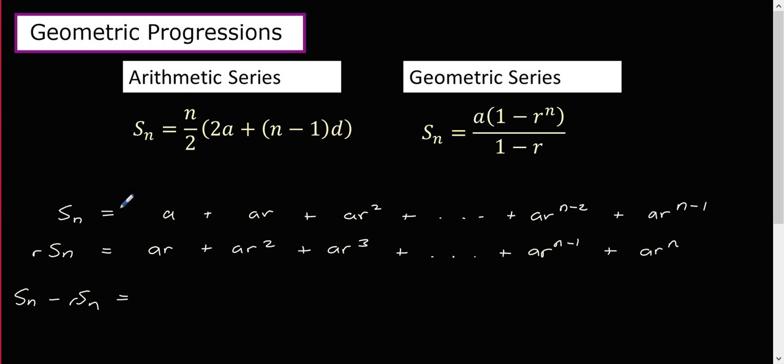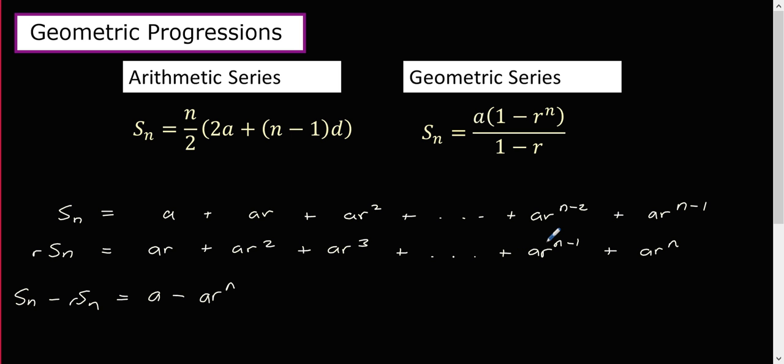So if we do the top line, take away the bottom line, what we actually end up with is a minus, because there's an a on its own here, this minus this disappears, this minus this disappears, this minus this disappears, this minus this disappears, this minus this disappears, and then we're just left with minus ar to the power of n.